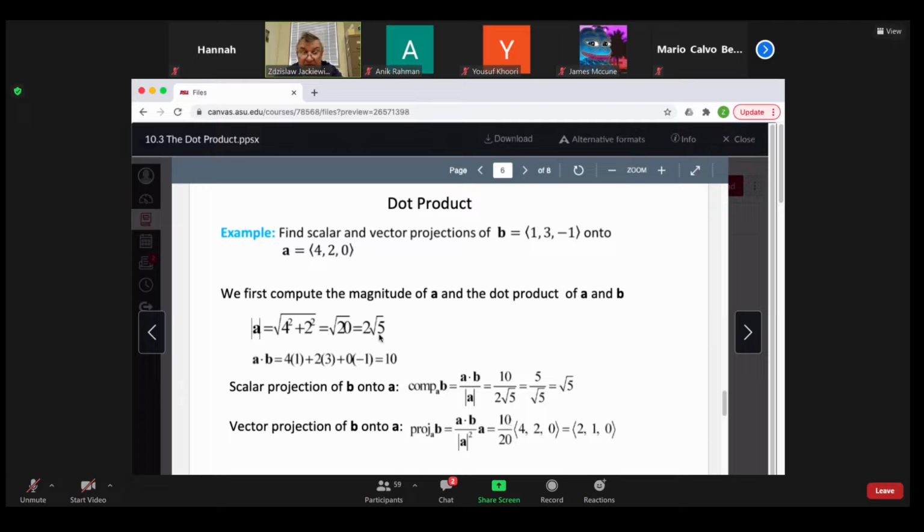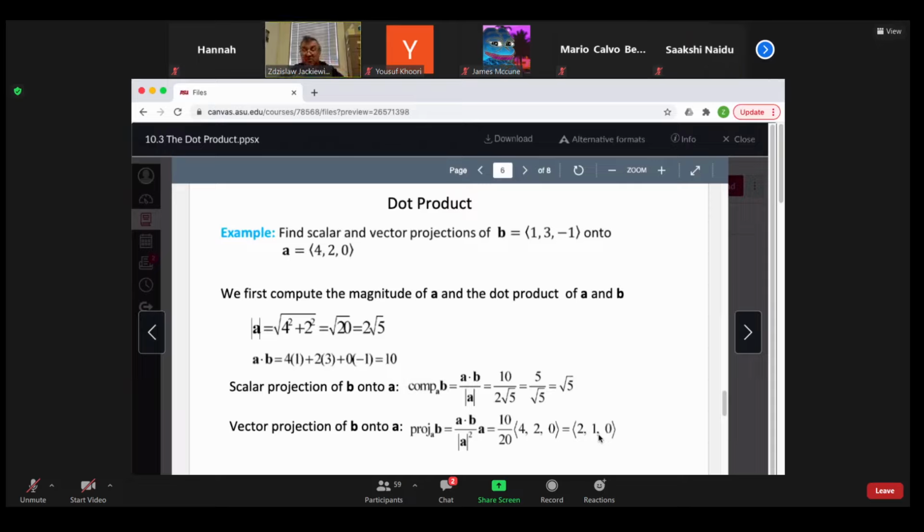The magnitude of A squared is 4 times 5, which is 20. So 10 over 20, and the vector A is (4, 2, 0). If you do the algebra, that's 1/2 times (4, 2, 0), so this is (2, 1, 0), or 2i plus j.